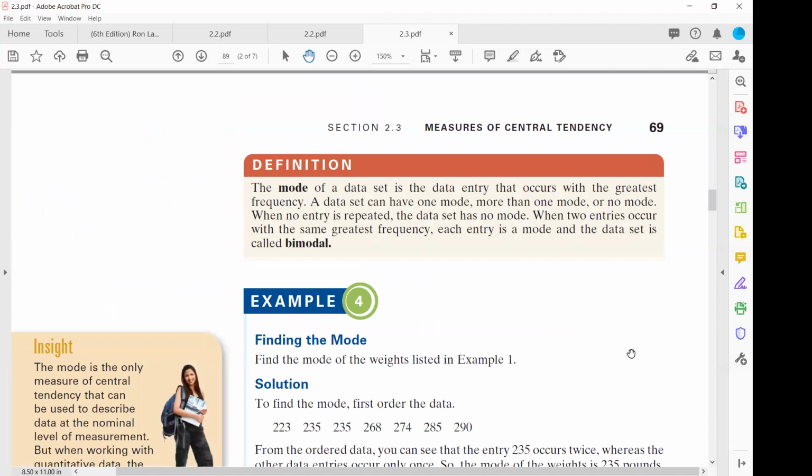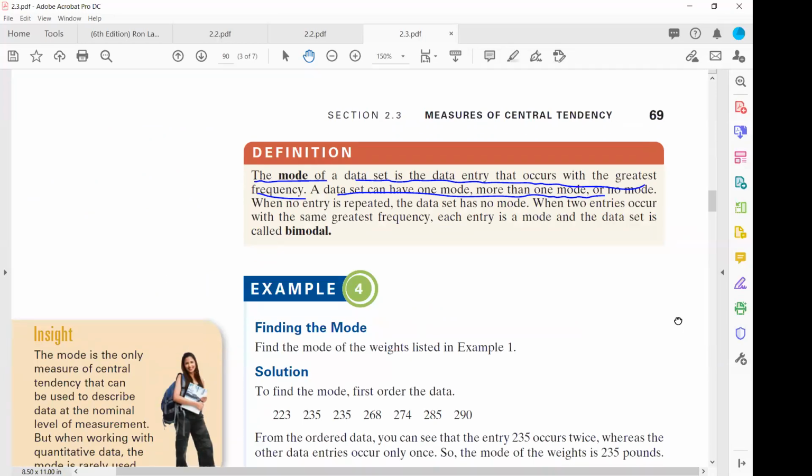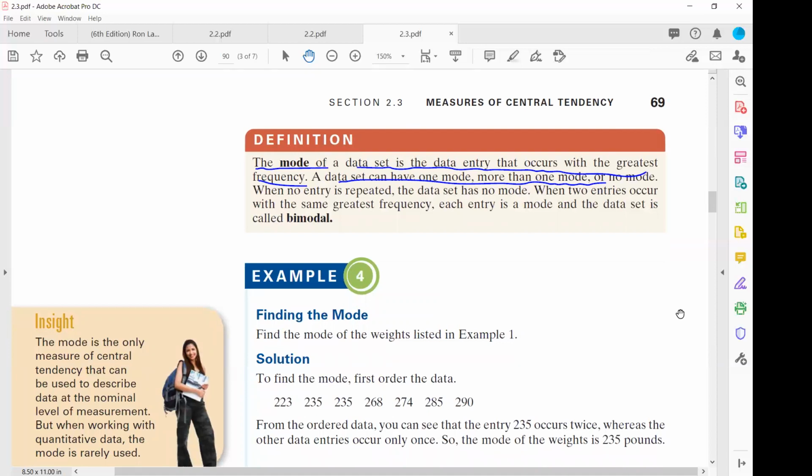What is mode? Mode is the entry with the highest frequency. We call it mode. Sometimes a data set has no mode. It might have just one unique mode. So no mode, one mode.